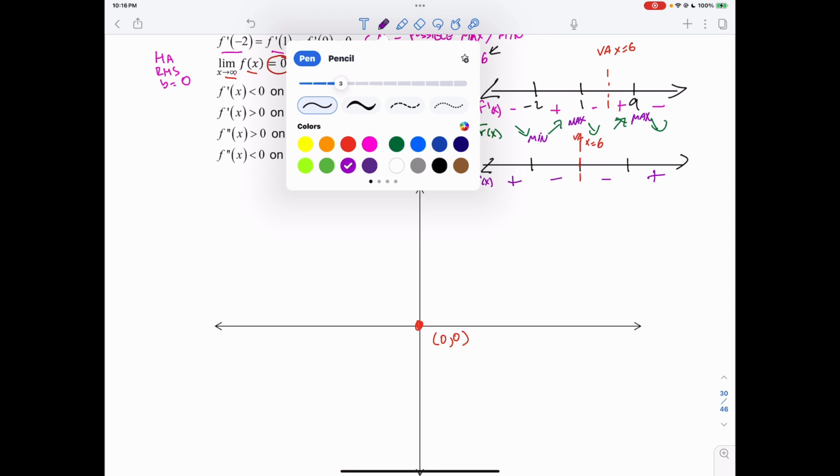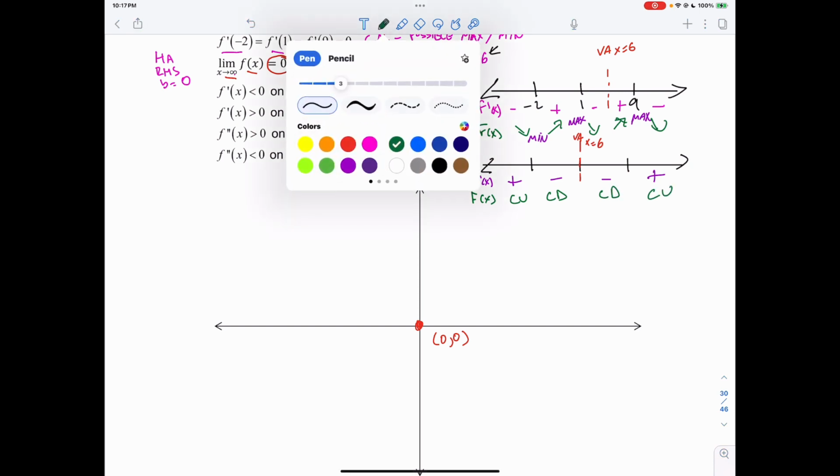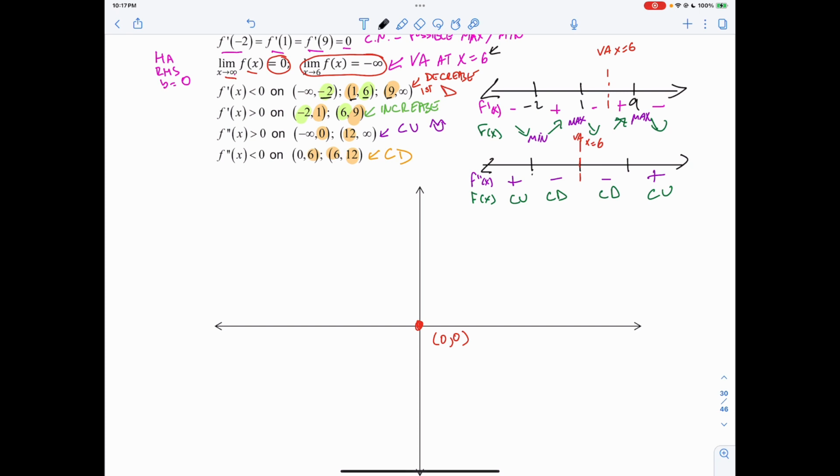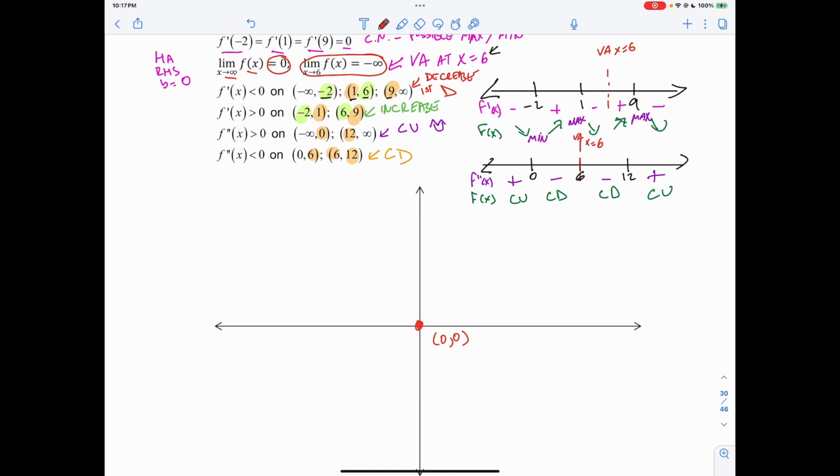Which means that my f of x is concave up, to concave down, to concave down, to concave up, which means that I have a point of inflection at 0, and I have a point of inflection that's going to occur at 12.